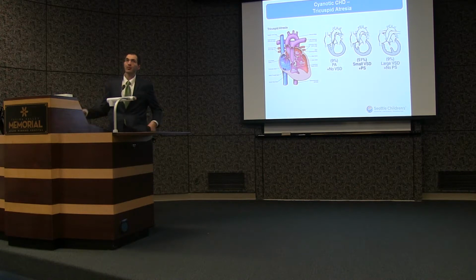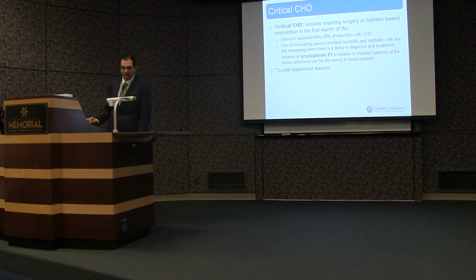And so now you're taking deoxygenated blood that's contaminating your pulmonary venous return, and you're going to become cyanotic. And the various forms are actually dependent upon whether or not you have a ventricular septal defect and how big that VSD is. We won't go into those details. That's beyond the scope of our discussion today.